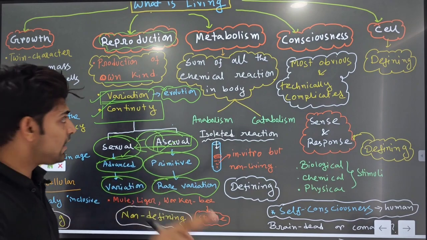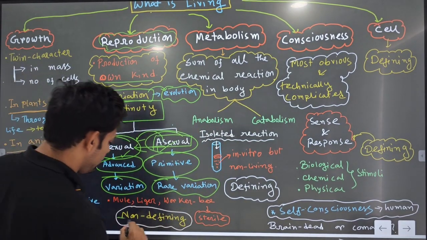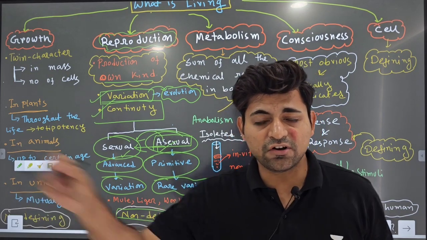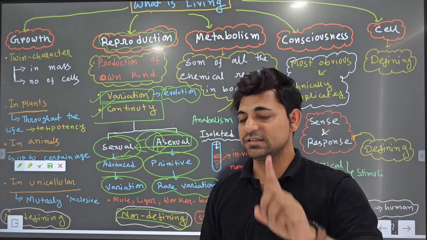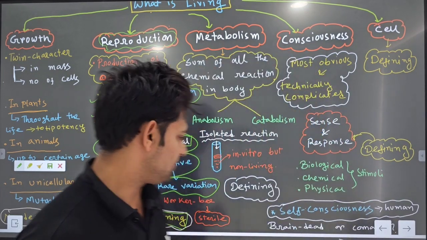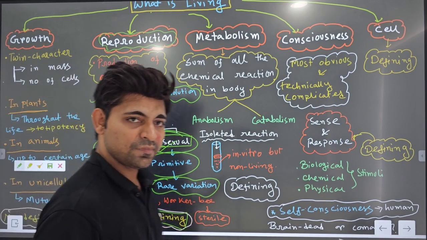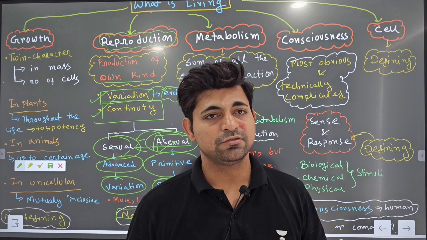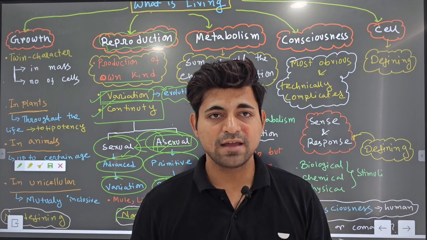But again, reproduction is a non-defining feature, because in all phases of your life you are not reproducing, first thing. And next thing, there are certain couples who are unable to produce their child. Those who are infertile.